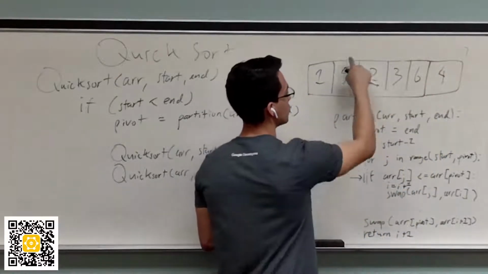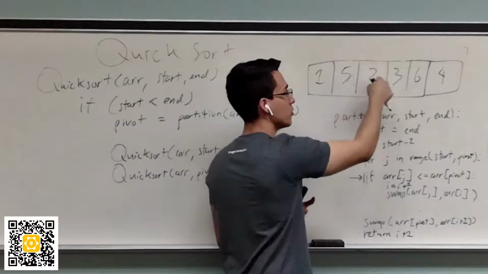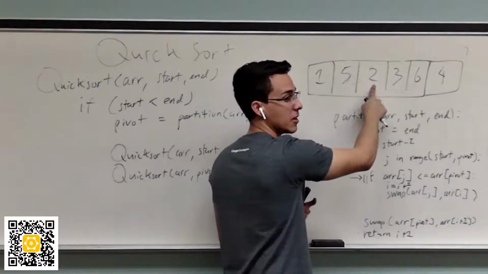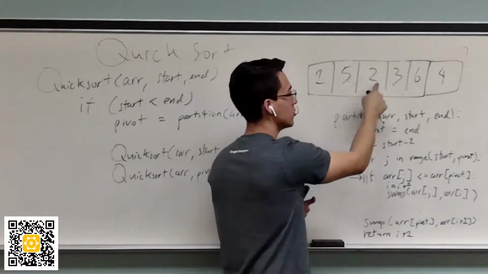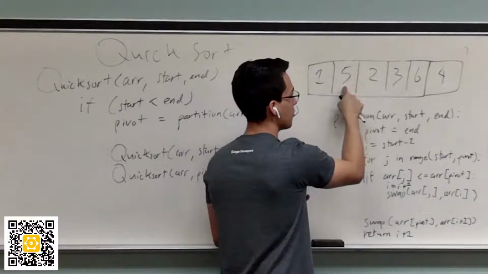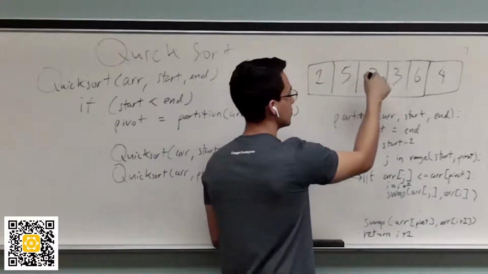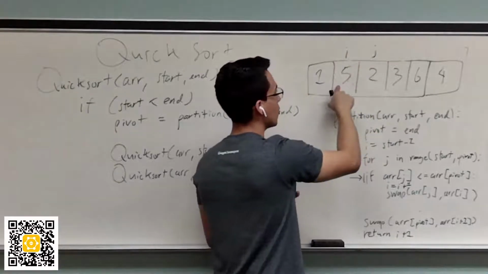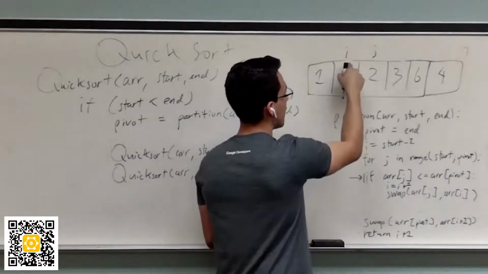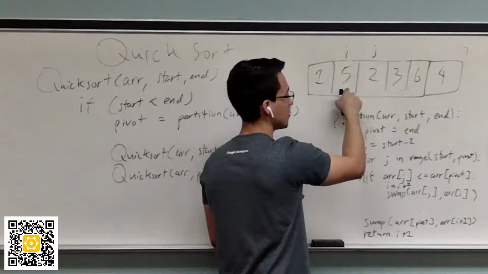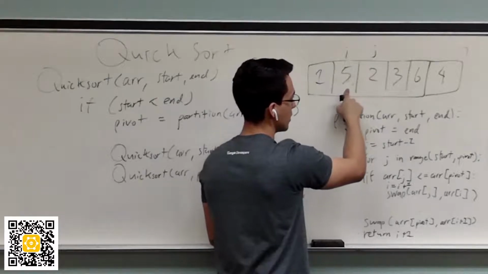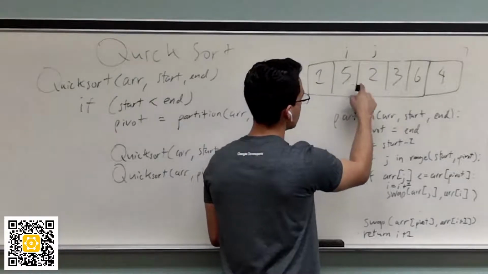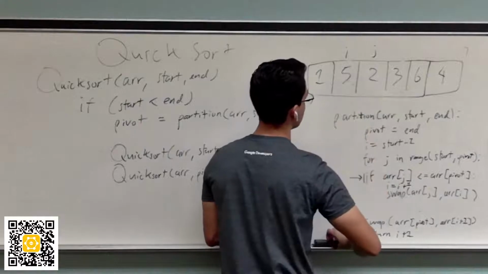You could be at a situation where you're here, right? You're at this, there's this 2, this is less than. However, you have a value that's greater than 2, so 5 is supposed to be ahead of 2. So here's J, and here's 5. And before, we did not move I, we kept I here, right? And so what we're supposed to do is swap these 2 out.